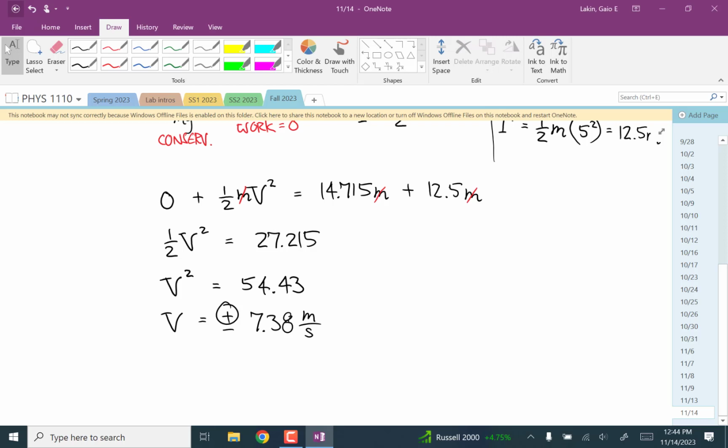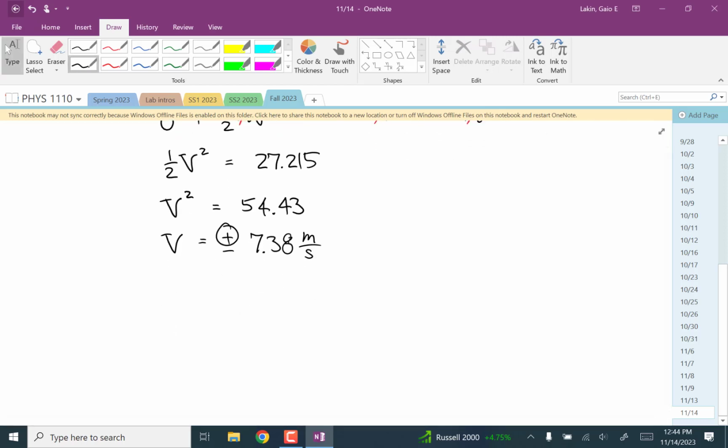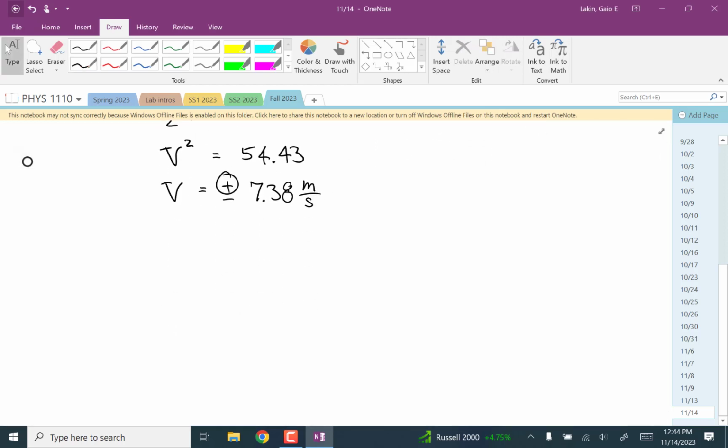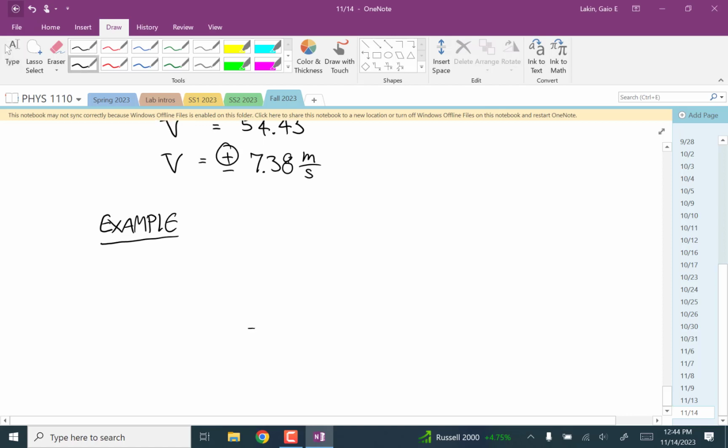So let's do one with a spring. So let's say that we have a rolling cart with a mass of 0.2 kilograms.